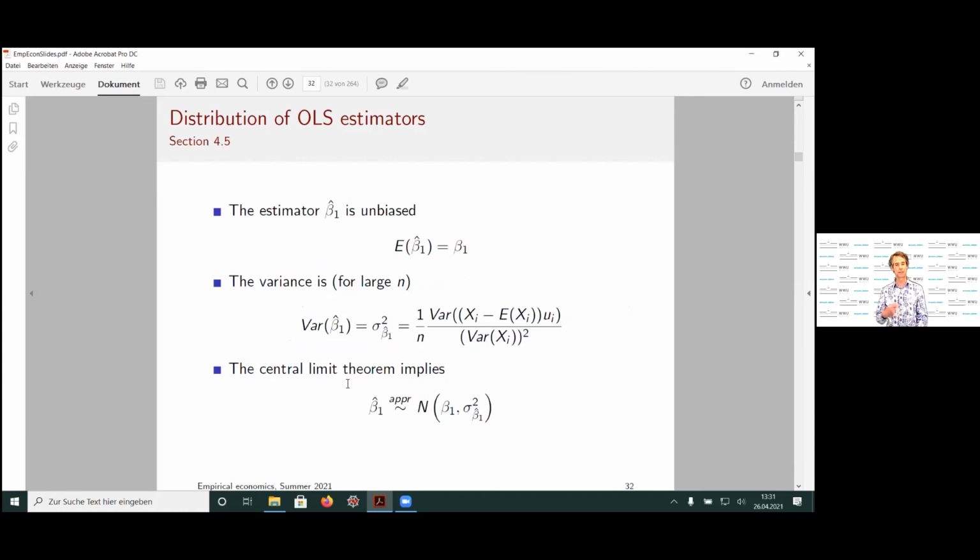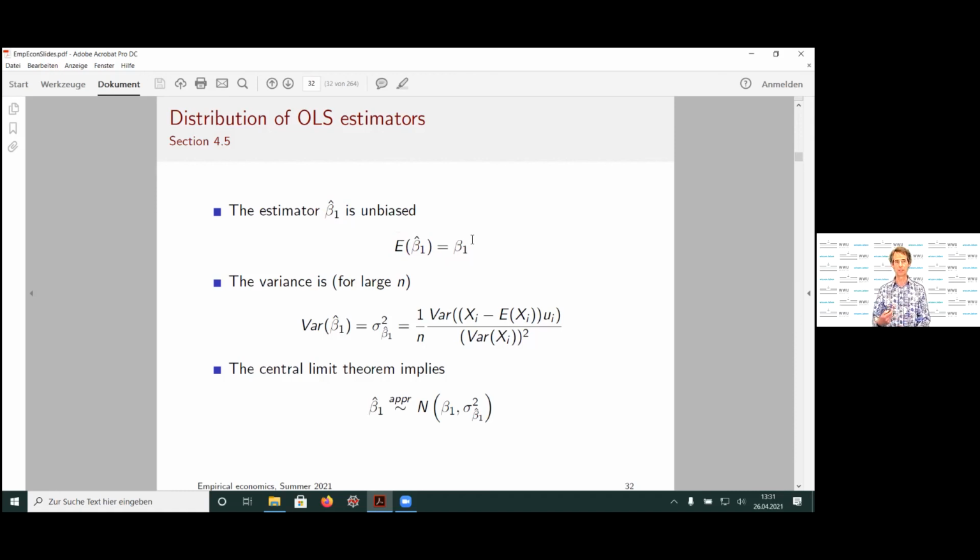Okay, so let's answer these questions. What is the expectation? And we do not derive these results. I just state them here, and then we say a few words about that. So the estimator beta 1 hat, the random variable, is unbiased. That means the expected value of our estimator is equal to the true value. We've seen that result before, and it means that we are not systematically overestimating or underestimating the slope coefficient.